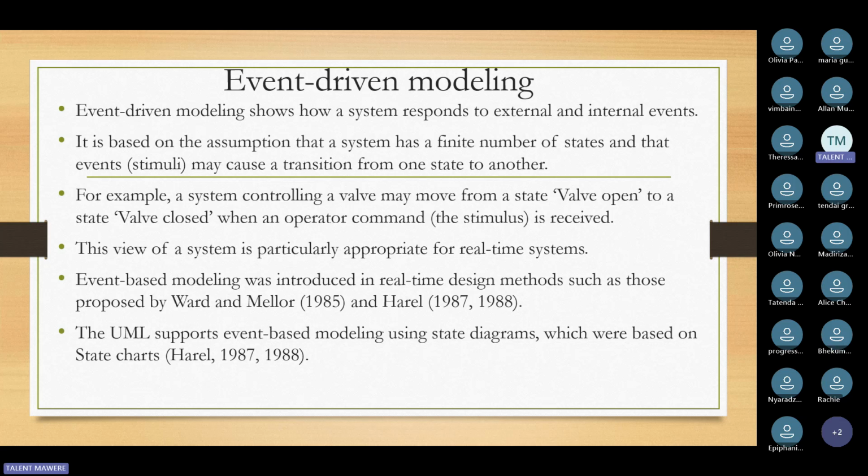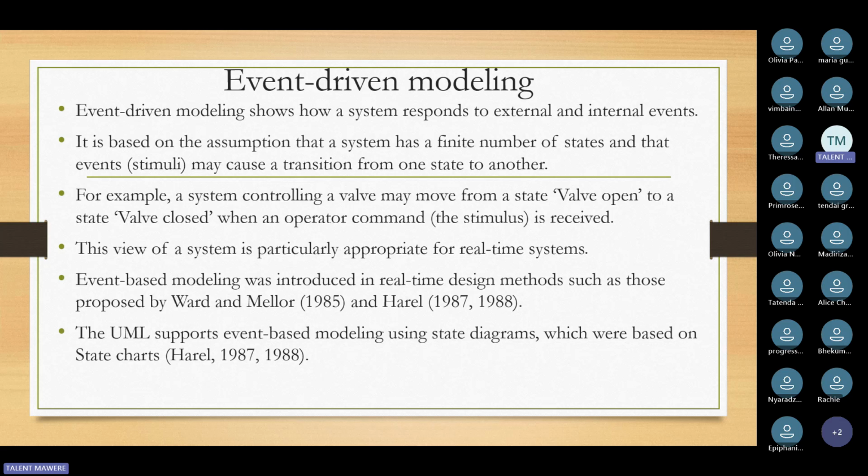The Unified Modeling Language supports events-based modeling using what we call state diagrams. So state diagrams are the ones that we normally use to model event-driven modeling. So a system is either event-driven or it's data-driven.